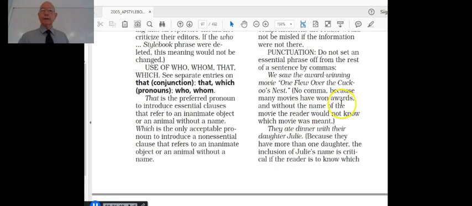So the example here is: we saw the award-winning movie One Flew Over the Cuckoo's Nest. There's no comma around the award-winning. What would be the phrase here? It could be award-winning as a compound adjective.